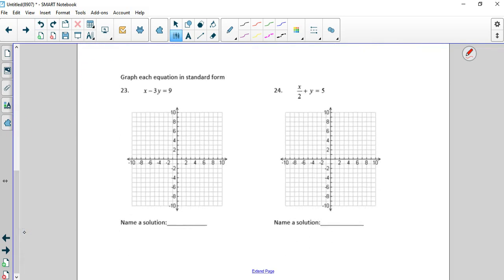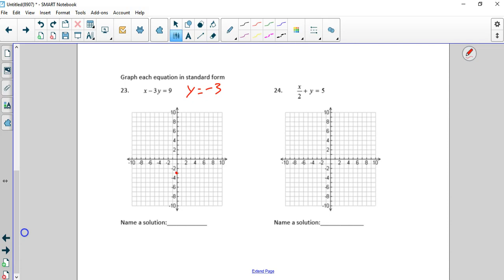Okay, graph in using standard form. This is the cover-up method. I plug in a 0 for x. It makes it go away. I'm left with negative 3y equals 9, so y is negative 3. So I go down. Remember, y is up and down. Then, I cover up.